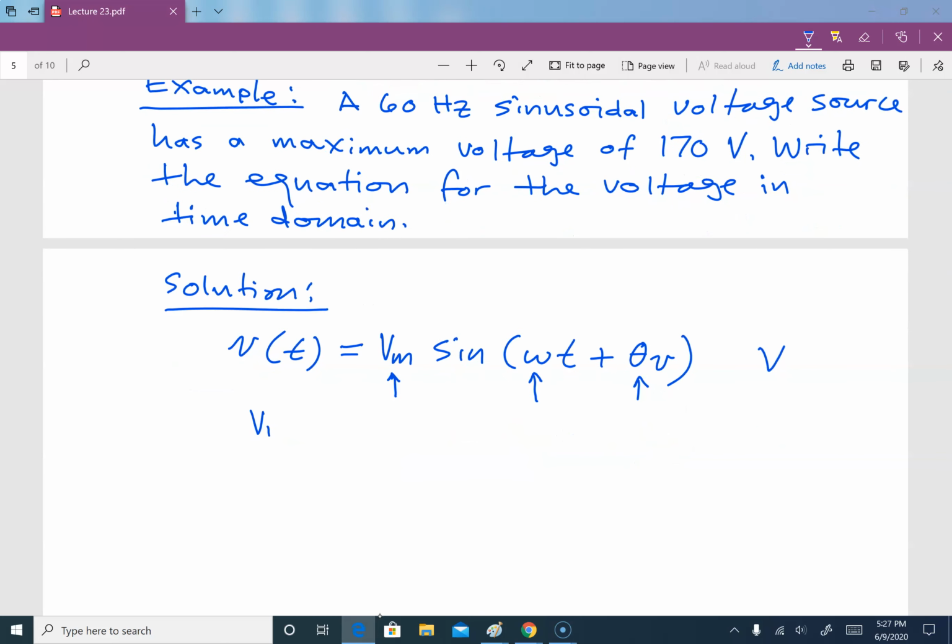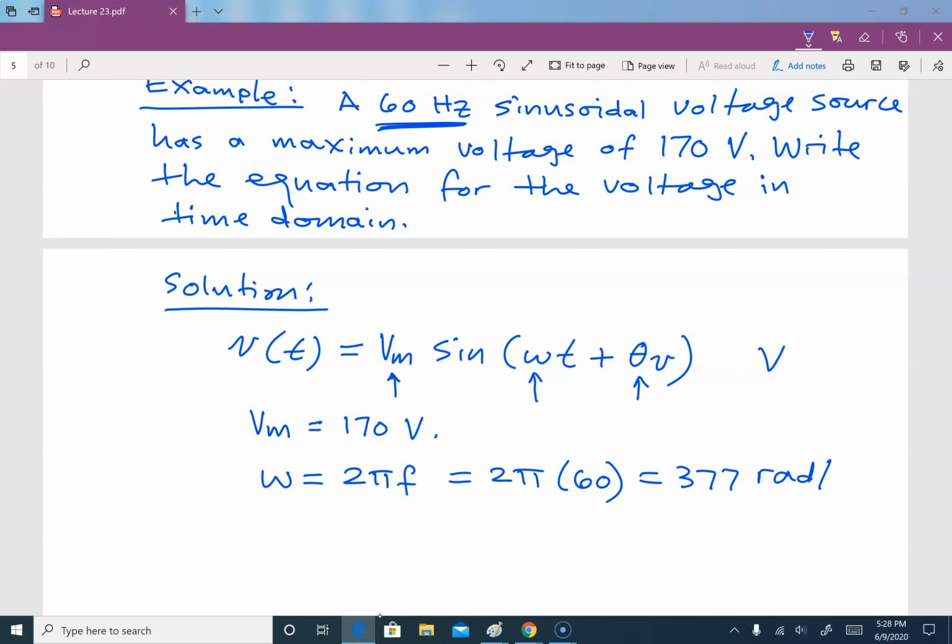So first, our Vm is given, which is 170 volts. That is the maximum value. Our omega is equal to 2 pi f, and our f is given, which is 60 hertz. So 2 pi times 60, that is 377 radians per second.